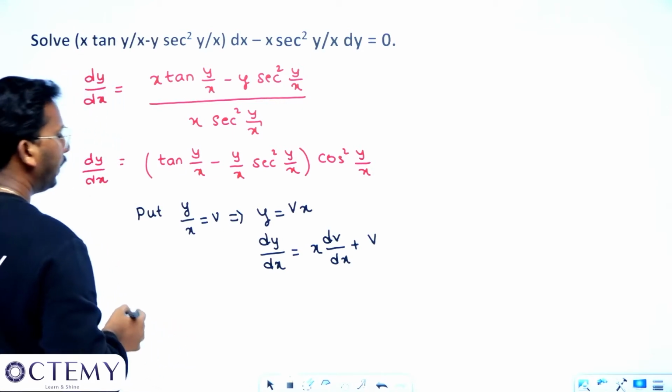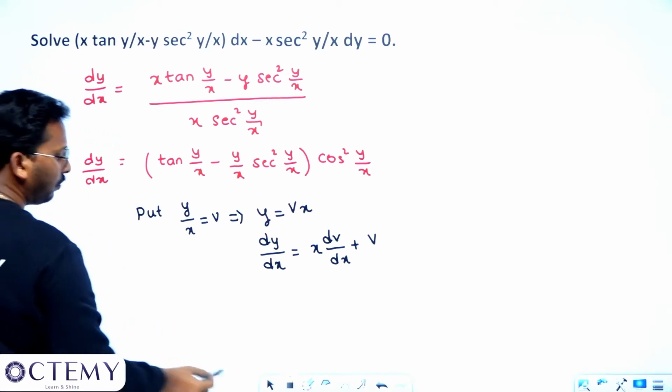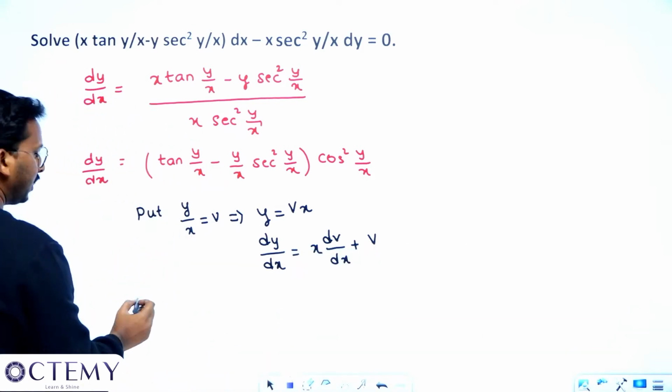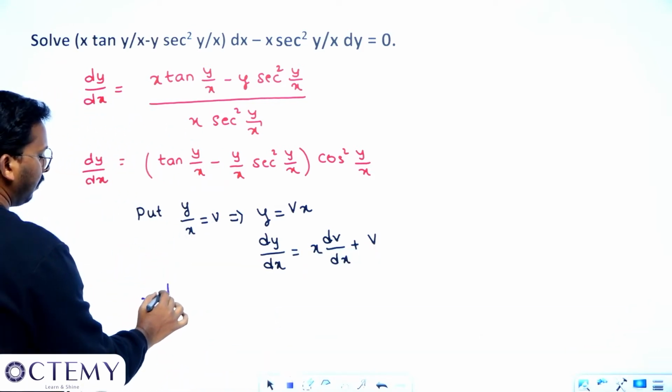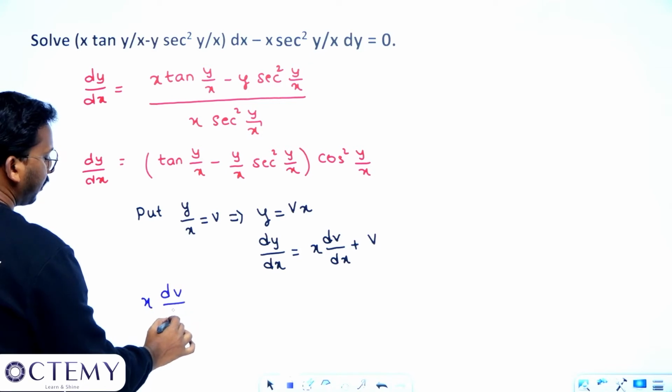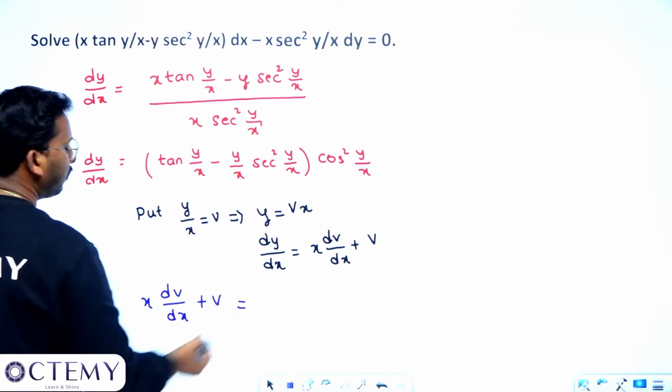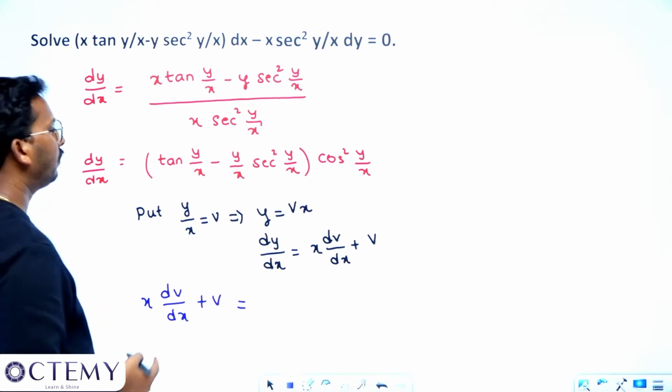Now see what will happen. This dy by dx can be replaced with x dv by dx plus v is equal to, here see sir, what can this be replaced as?